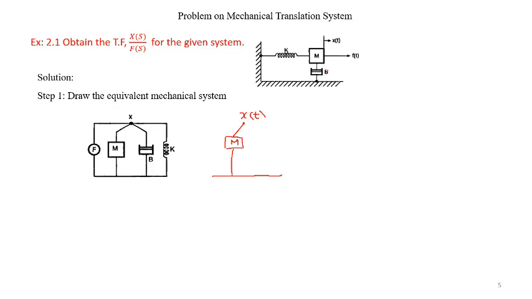Then we are having the damper B in between the mass and reference. Mass is connected with the displacement. So accordingly we will connect the displacement with the damper.